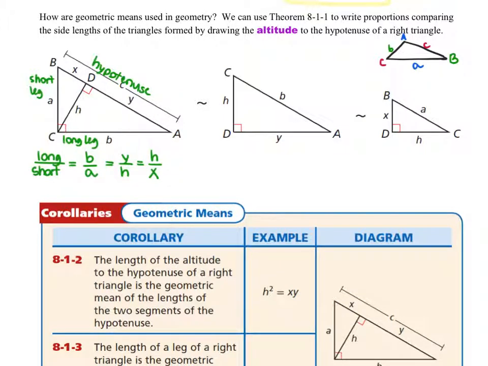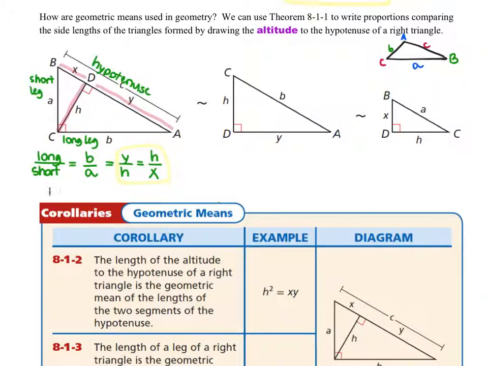Now, why is this important? Because we can see the beginnings of a proportion that's going to help us solve problems, because we see H appear in two of the ratios. That's going to allow us to say that H is the geometric mean of the numbers X and Y. In geometry, that means that H, the length of the altitude, is the geometric mean between these two lengths, X and Y, that were created when we drew the altitude of the right triangle.